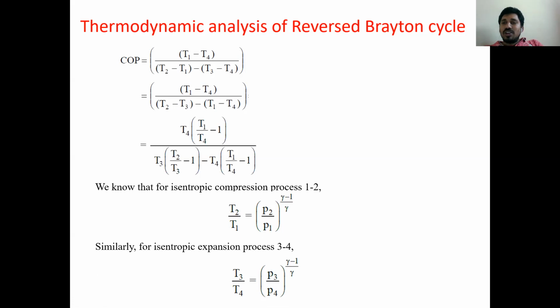From these two equations, P2 by P1 from process 1-2 and P3 by P4 from process 3-4. In process 2-3, constant pressure process, P2 is equal to P3, and P4 is equal to P1. So finally, P2 by P1 equals P3 by P4.